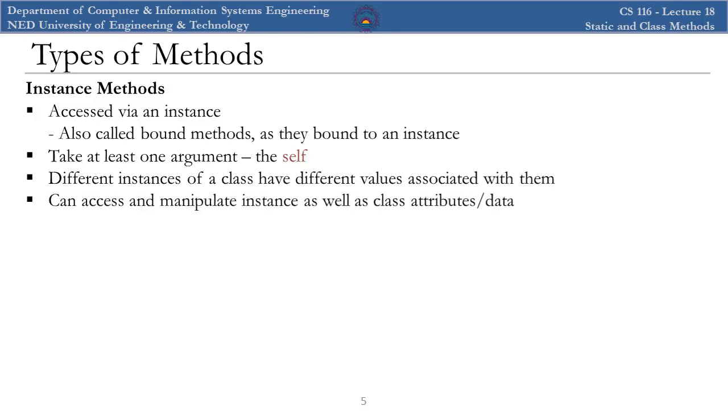They can manipulate all kinds of attributes, in fact class attributes as well as instance attributes. So you can increment or decrement any class attributes. Actually, we mostly use class attributes as counters, so you can do that, and you can manipulate any instance attribute as well within these methods. Now they are called bound methods because each copy is bound to a specific instance.